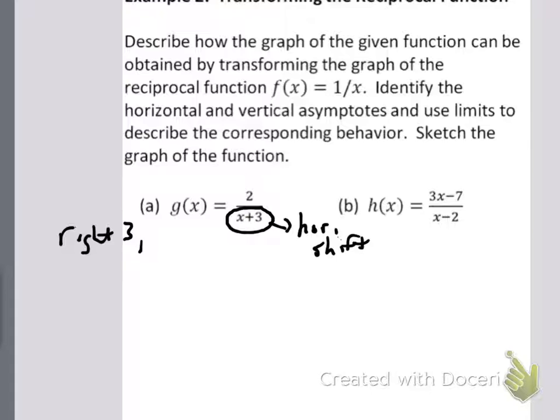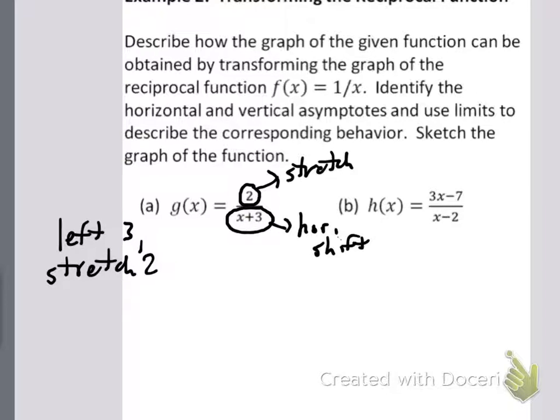Actually, not to the right. We're going to go to the left 3. Excuse me, because it's x plus 3. Okay? So we're going to go left 3. Now, when there's a number on top, if it's just a number, that's going to be the stretch. So we're going to stretch 2.